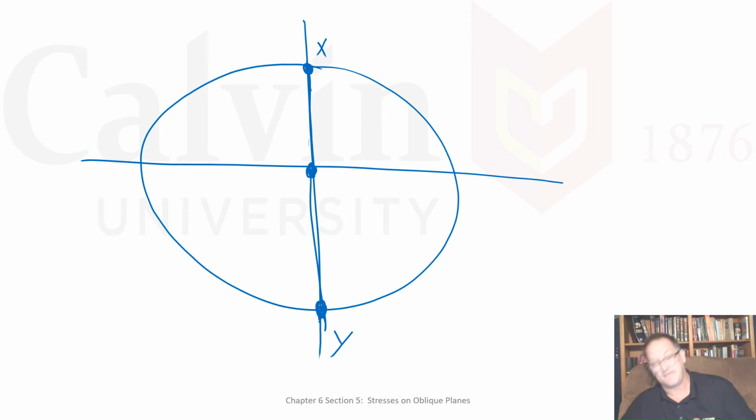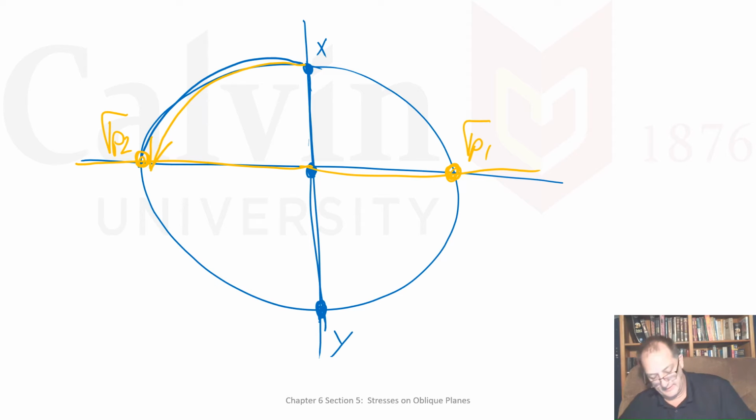That's it. And if I want to know what my principal stresses are, I need to rotate to this axis, because this point here is going to be sigma P1 and this point here is going to be sigma P2. I should have labeled this also.